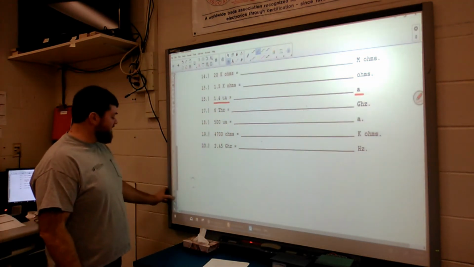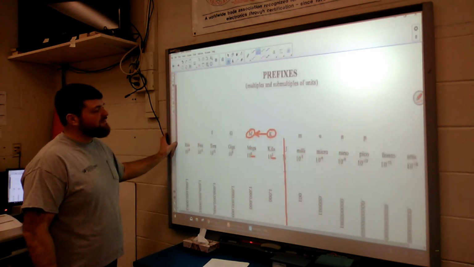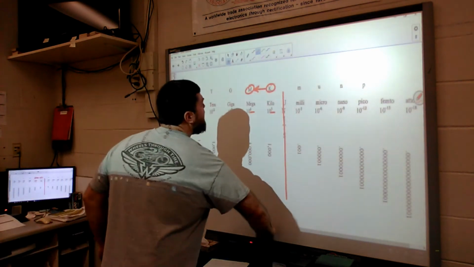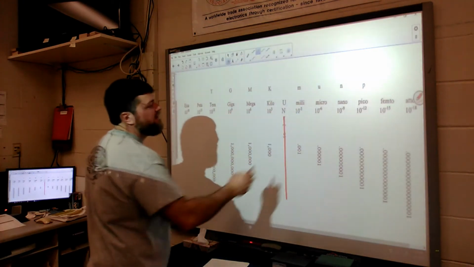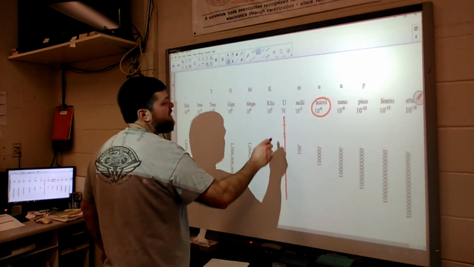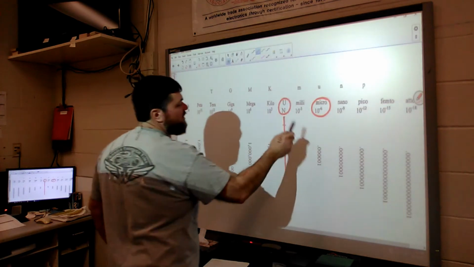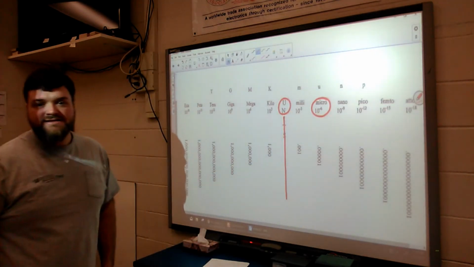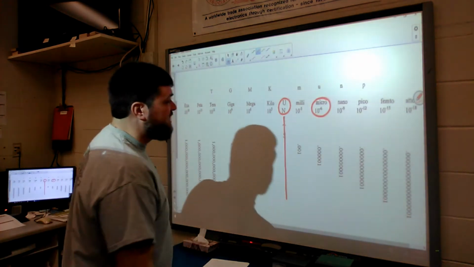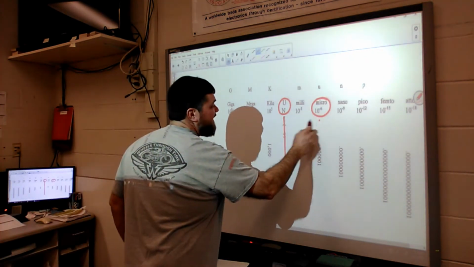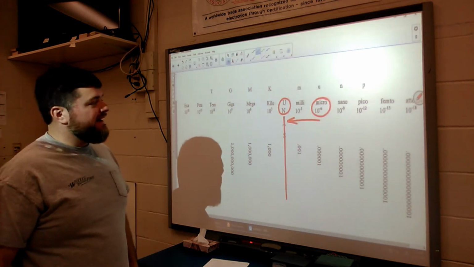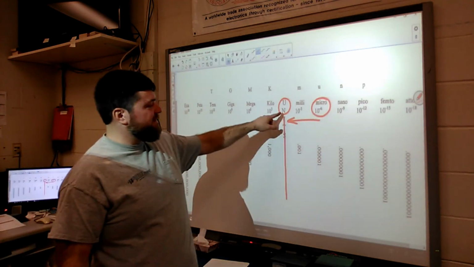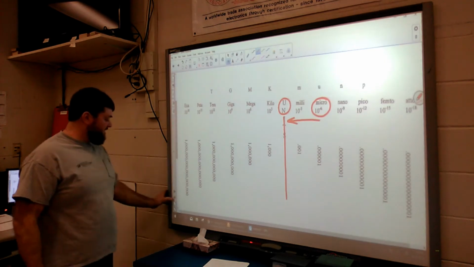So we're going from micro to the baseline here in the center. What's the difference between 0 and -6? 6 places. We need to move our decimal 6 places to the left. So from -6 to the baseline, 6 places to the left.